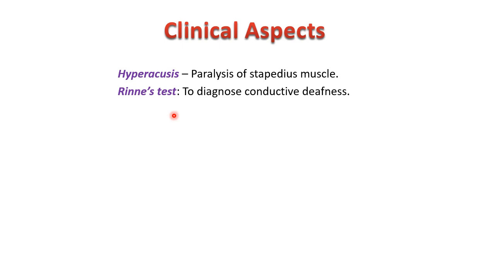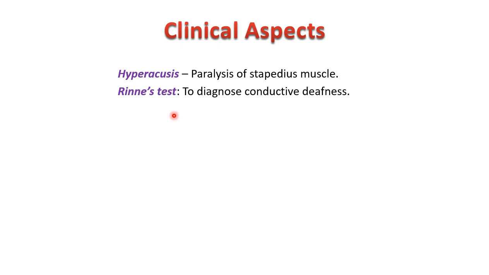Naturally you should be able to hear the sound, because sound vibrations through the tympanic membrane have a greater range than bone conduction. If the ear is normal, you will be able to hear that.